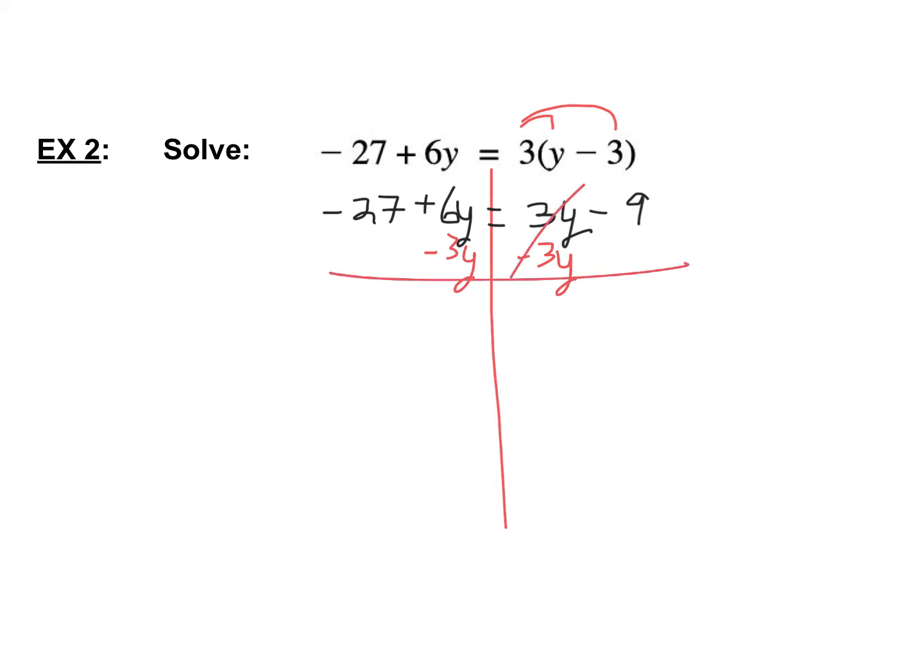So our y's cancel on the right. And on the left, we have negative 27 plus 6y minus 3y is 3y equals, and then we have a negative 9 on the right. So the star of our show is the variable term, in this case 3y. To get rid of a minus 27, we are going to add 27 to both sides.